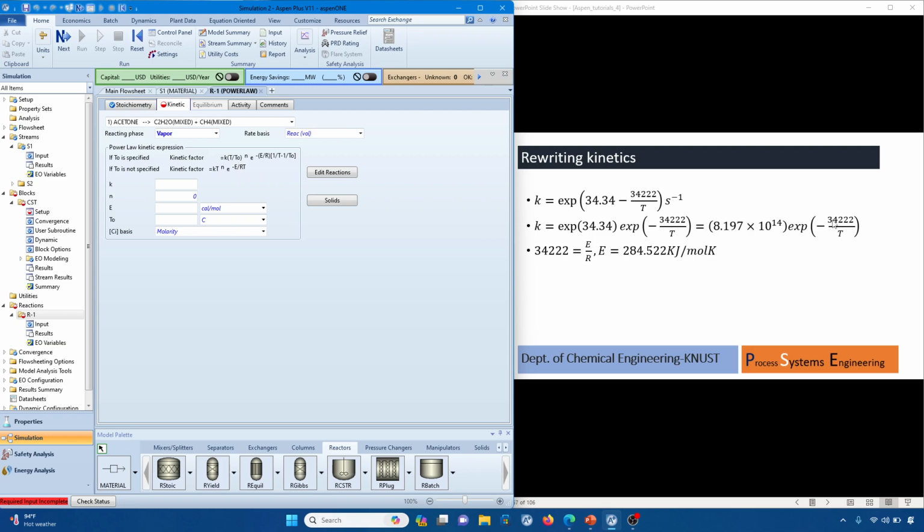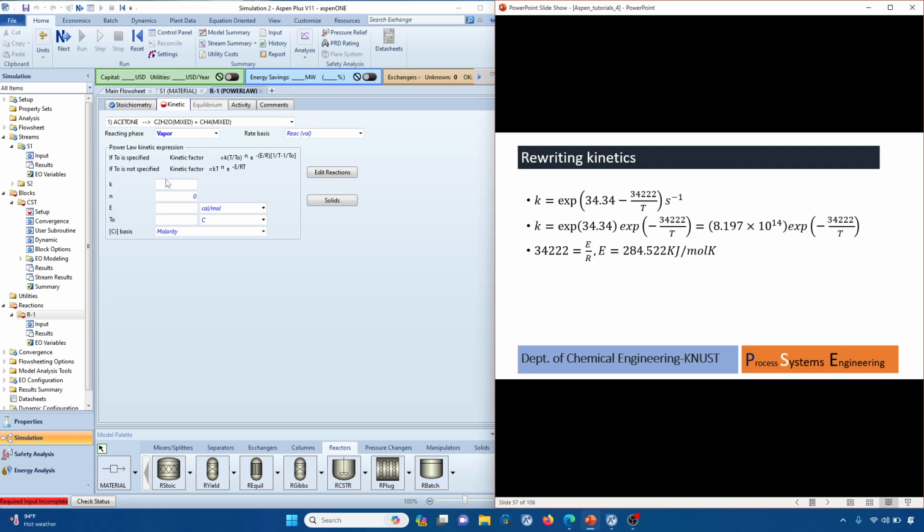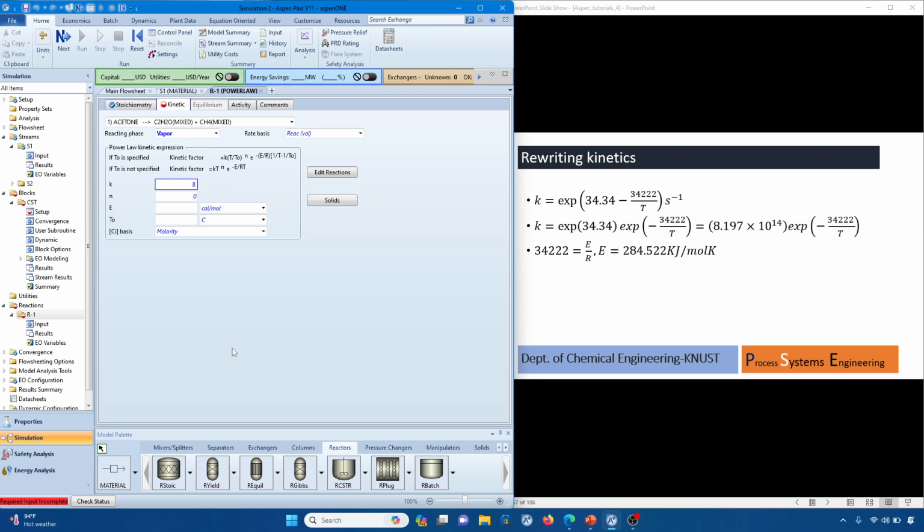You can see that E over R is 34222. We have T down there. Since the value for the molar gas constant is known, we can estimate the activation energy. So we go ahead and enter the parameters as calculated.